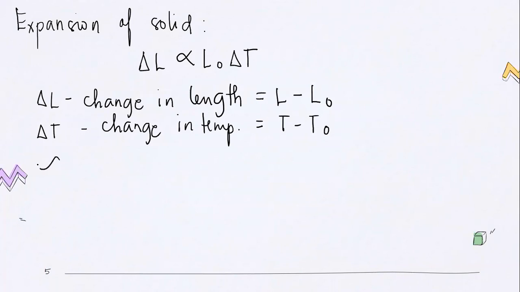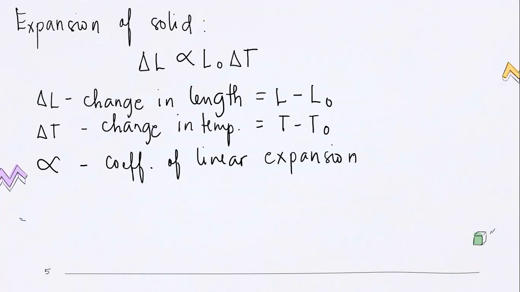Then we have alpha, where alpha is the coefficient of linear expansion. There is a constant value for the coefficient of linear expansion.